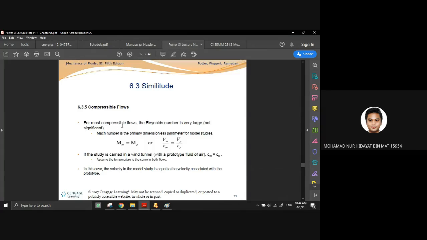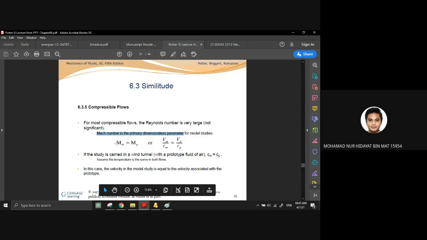For most compressible flow, which is air, the Reynolds number is very large, for example 10,000 or 100,000. So when the Reynolds number is very large, we consider that flow as compressible flow. When the flow is compressible, the dimensionless number that gives the dominant effect is the Mach number.